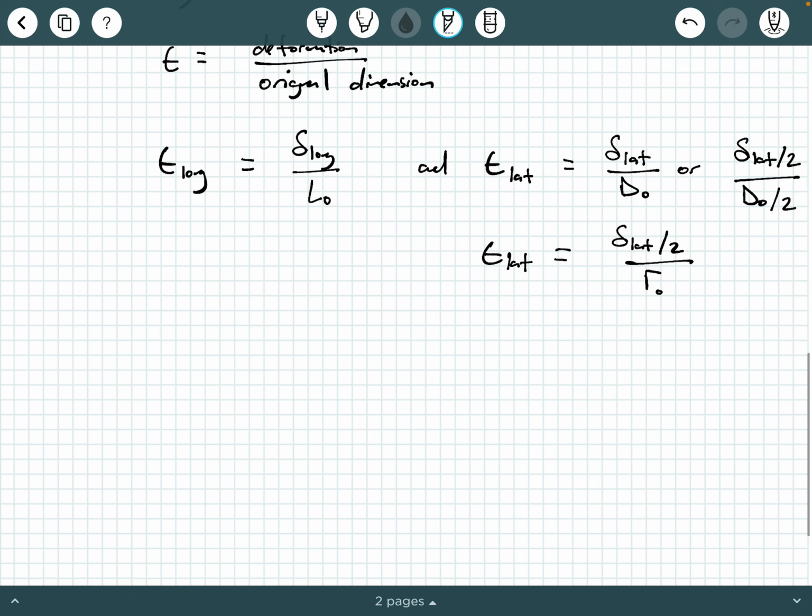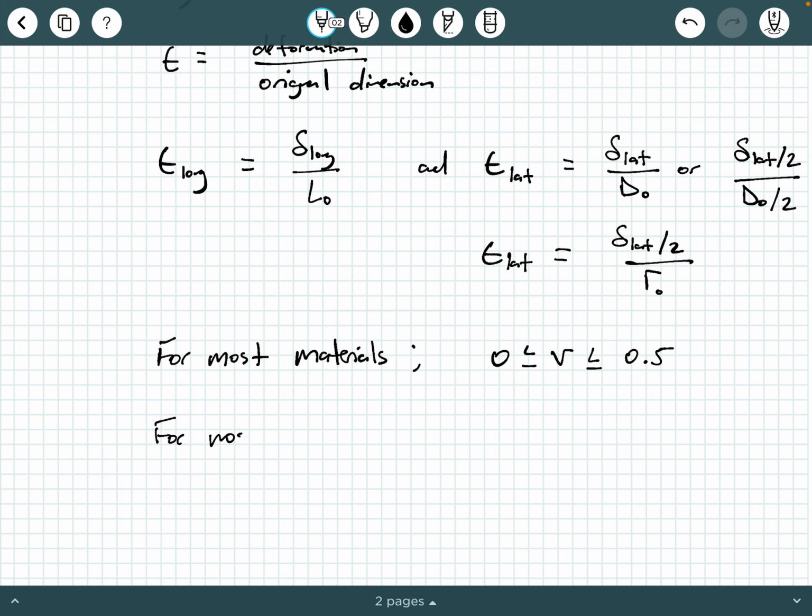All right, so for most, like 99%, pretty much for most materials, we have a Poisson ratio that's between 0 and 0.5.